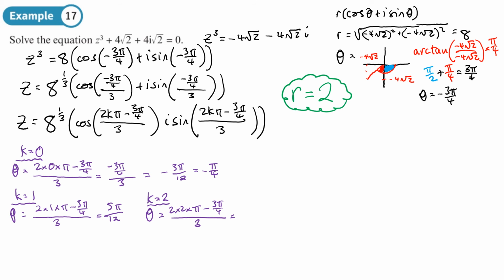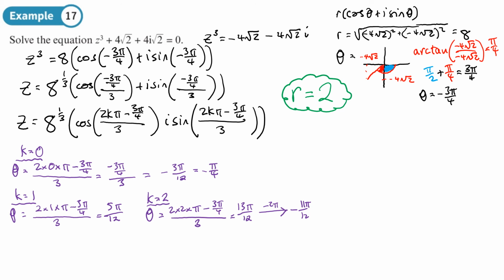So that's going to be 4 minus 3/4, divided by 3. So 13 pi over 12. This isn't in the range. So let's take off 2 pi. So take away 2 from that, and I get negative 11 pi over 12.